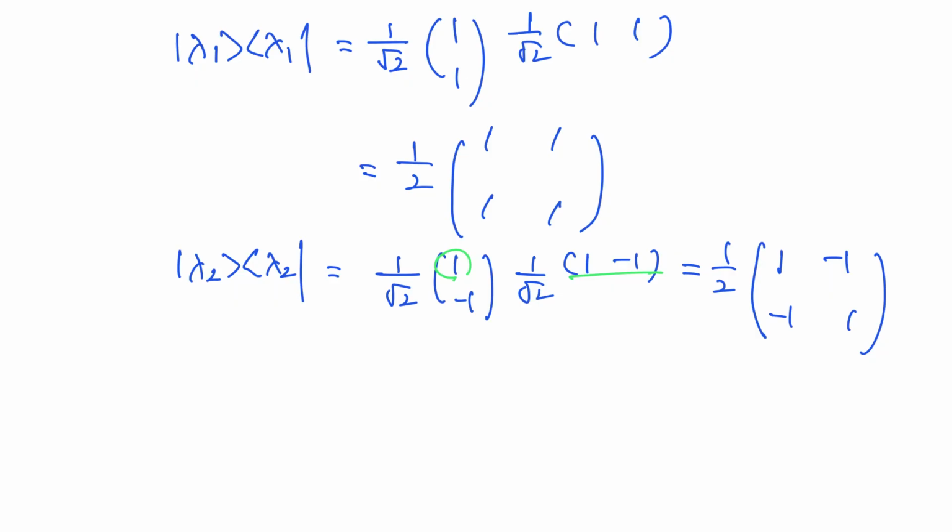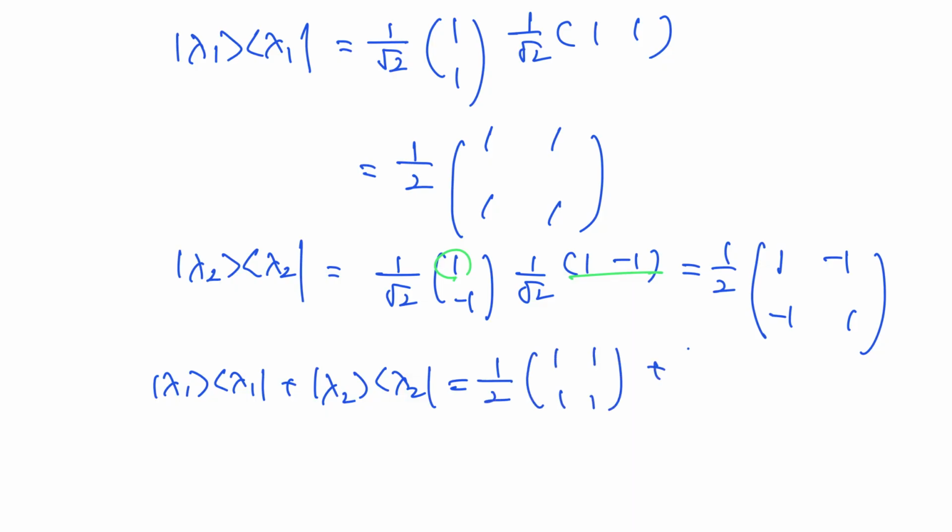So a very interesting property is, if we add them together, what do we get? 1/2 (1, 1, 1, 1) plus 1/2 (1, -1, -1, 1), which is 1, 0, 0, 1, right?